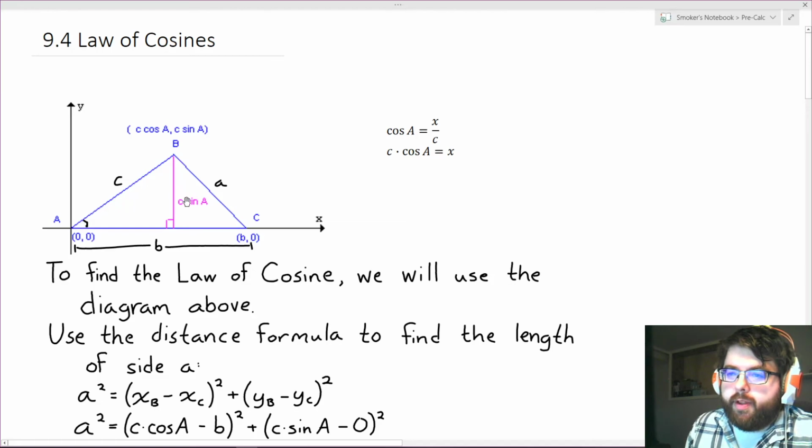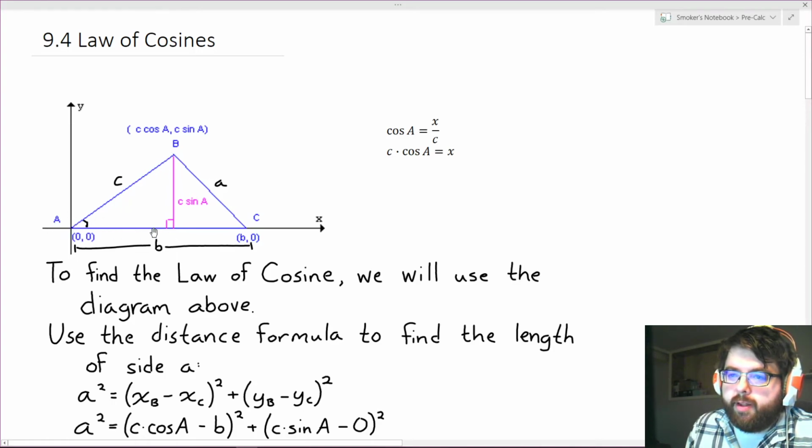Adjacent is what I'm looking for, over hypotenuse. So cosine of this angle is equal to the adjacent, this distance here, over this distance. Multiply both sides by c, and this distance down here is cosine of A times the hypotenuse.